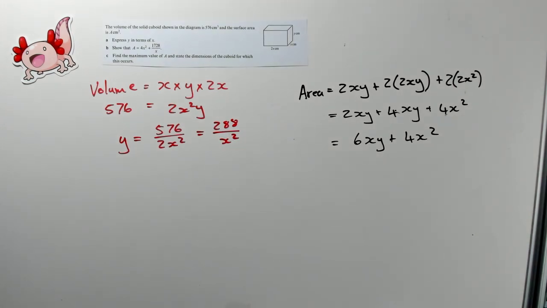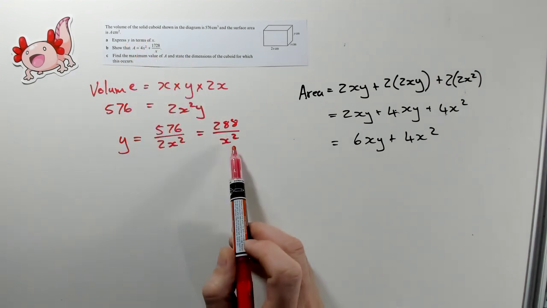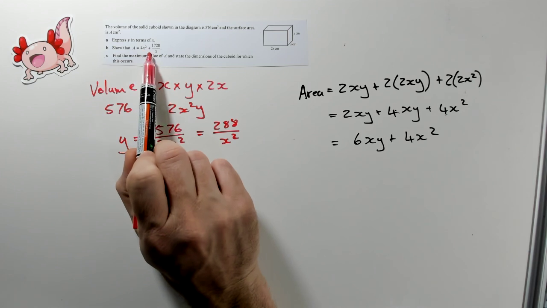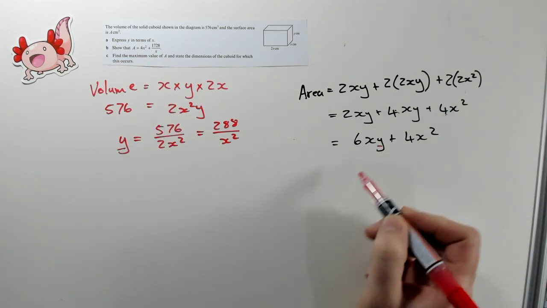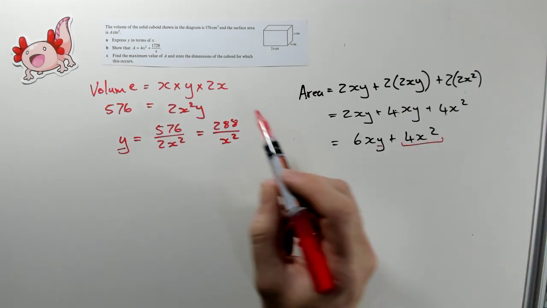Okay, now obviously I did the first part saying y in terms of x, which I've done here. And then they say show that A is equal to 2x squared plus this whole big thing here. I'm just going to sub in the y. And I can already see this 4x squared is already there.